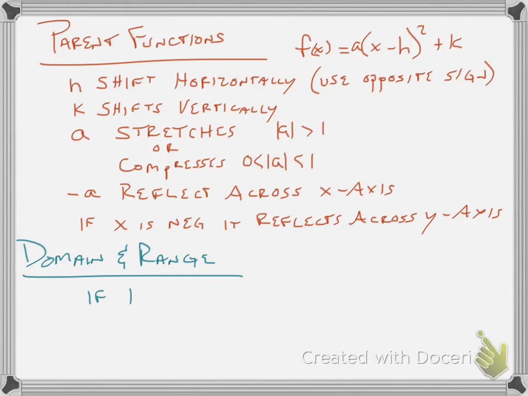If the domain or range is all real numbers, from negative infinity to infinity, then it will stay all real numbers when it's shifted. If it's not all real numbers, then it shifts with the h and the k.